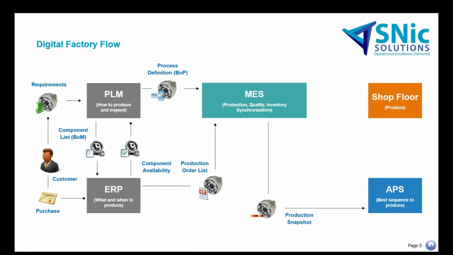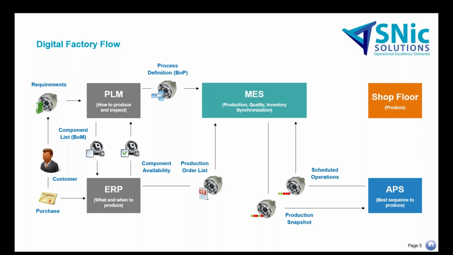So as MES gets this information, a production snapshot is sent to a production scheduling system where you could take the factory constraints, go ahead and make sure that you have the best sequence to run the factory floor or the plant very effectively.